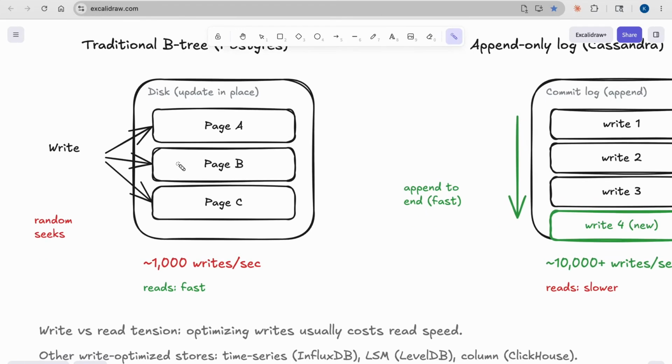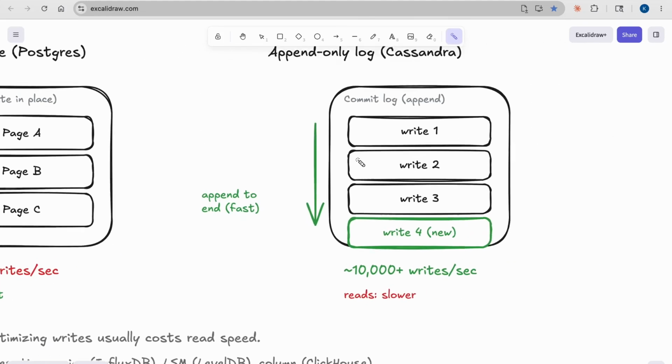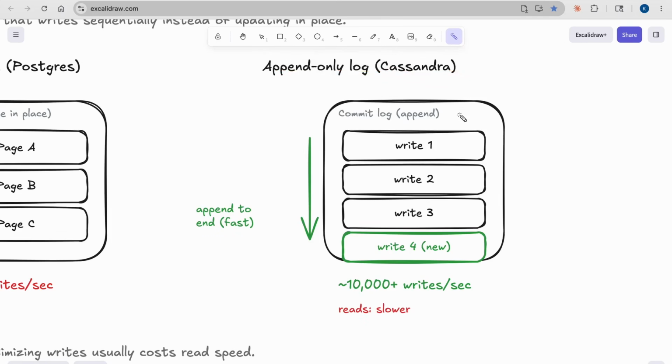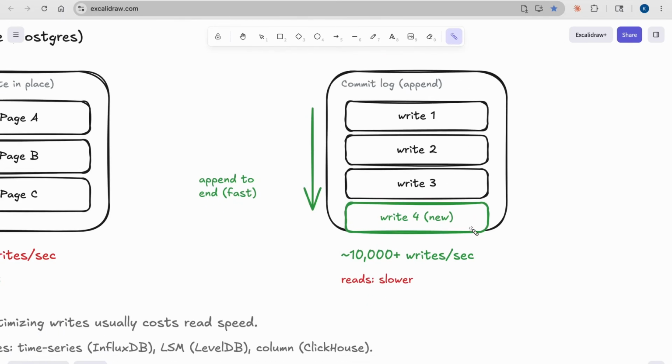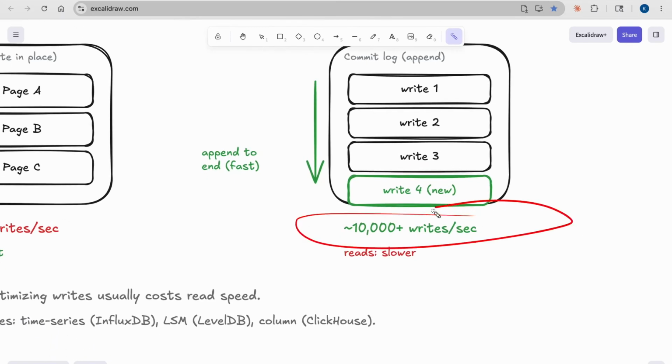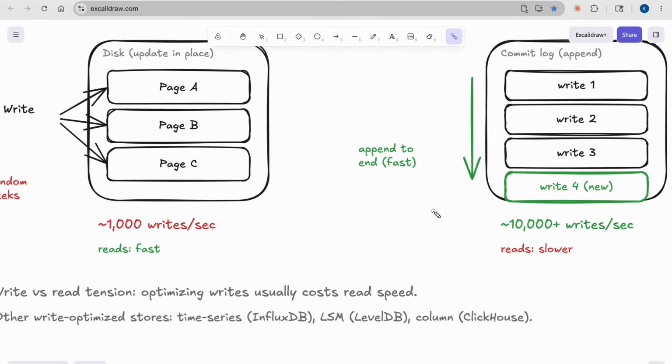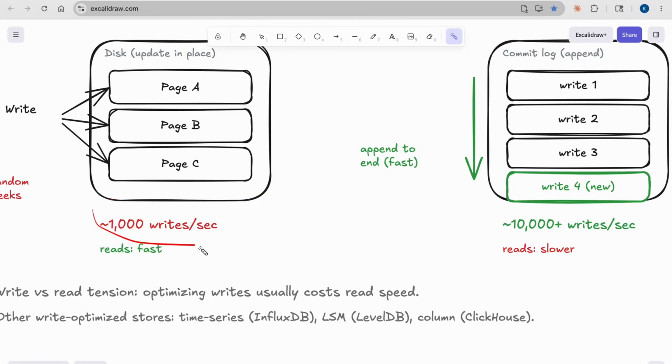The turnaround time is high, and as write requests increase, the traffic we receive at scale is something this DB cannot handle. With an append-only log, we don't do any such operations, so it can handle roughly 10k plus writes per second, whereas Postgres handles about 1k writes per second, ten times less.